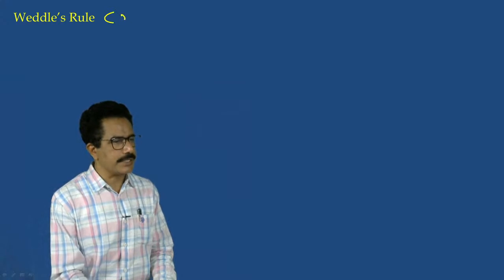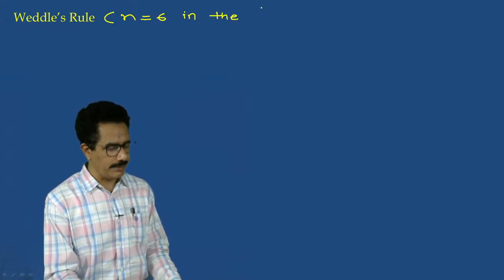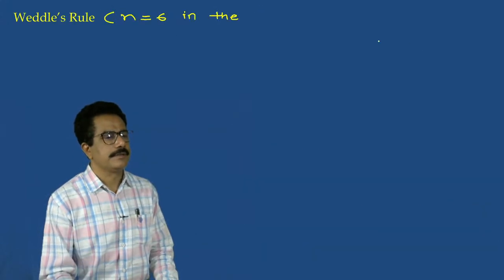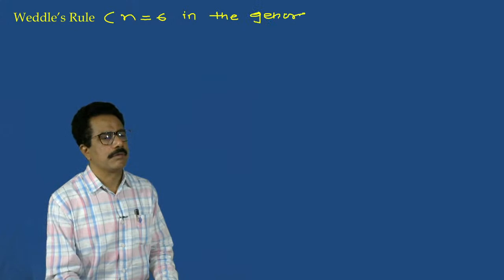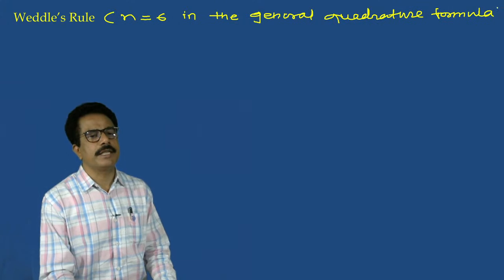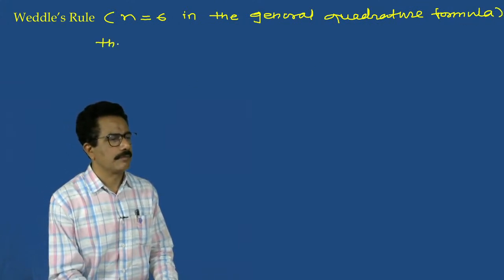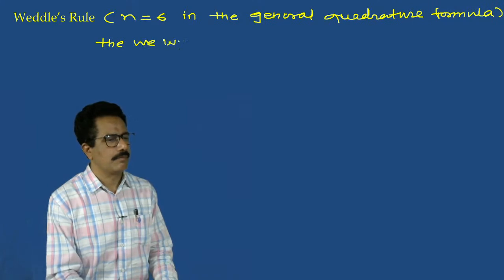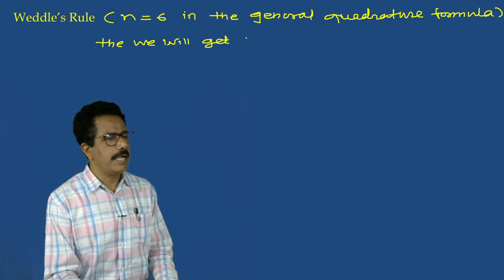If we put n equals 6 in the general quadrature formula, then we will get Weddle's rule.